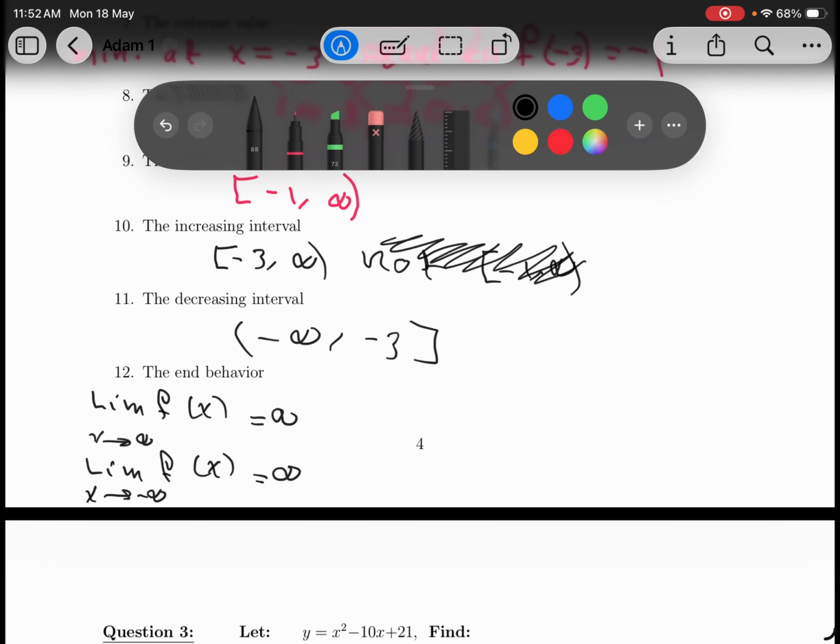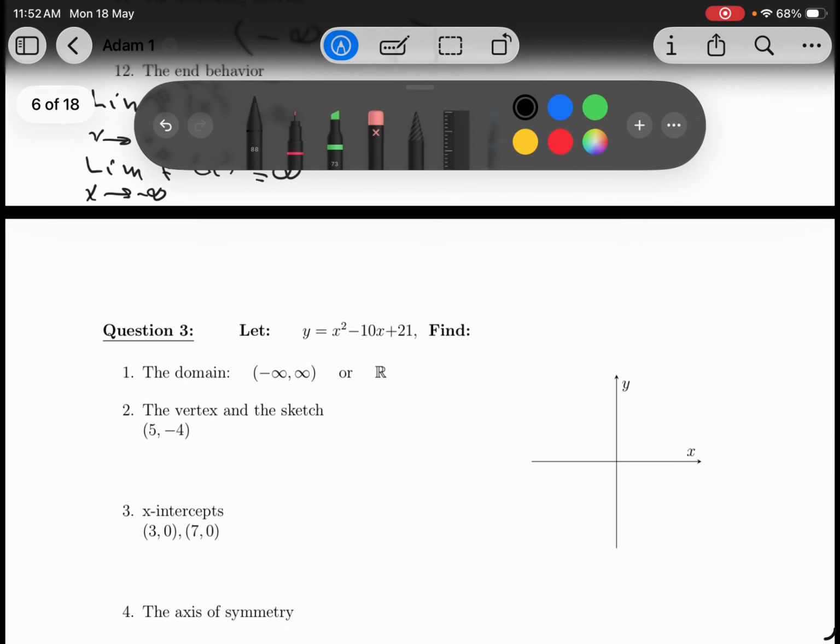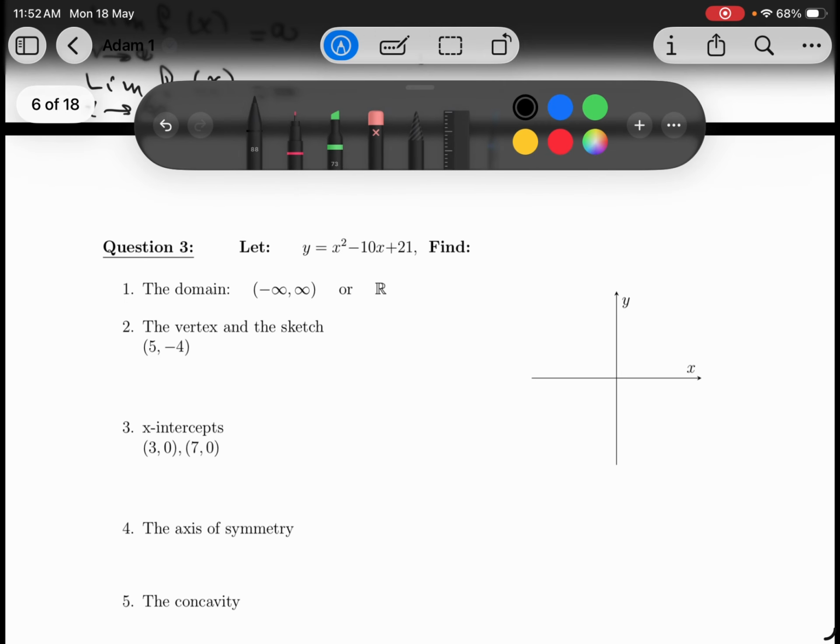So it's infinity whether x goes very big or very small. Regardless of x going very big or very small, this function has the same behavior at infinity and at minus infinity as well. And I will move into the next example.